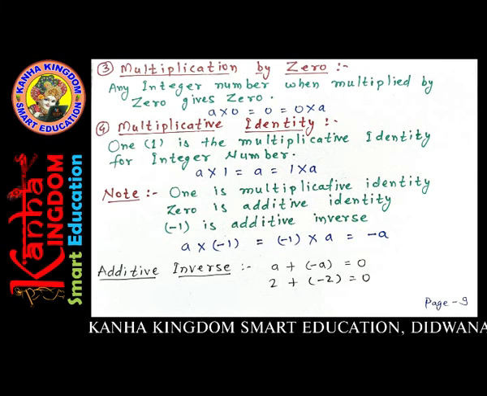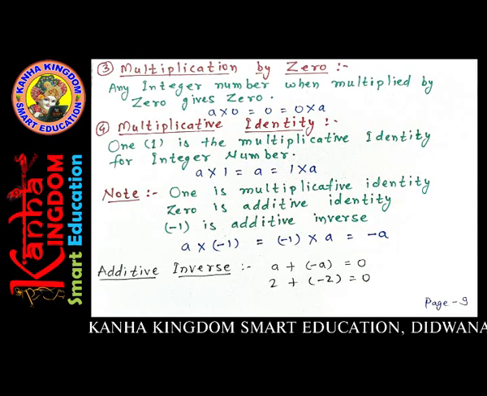Note, 1 is multiplicative identity, 0 is additive identity, -1 is additive inverse. A multiplied by -1 is equal to -1 multiplied by a, which gives answer -a.